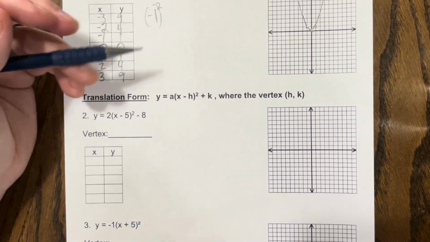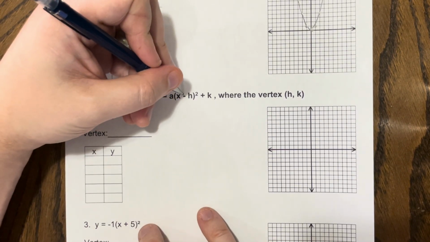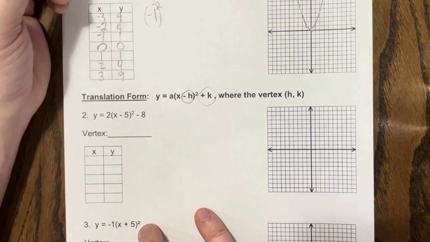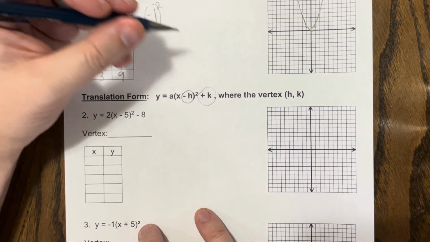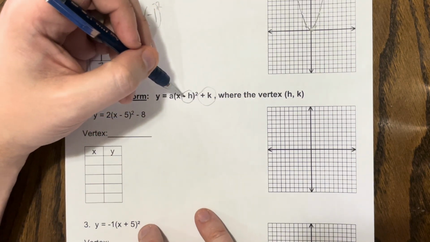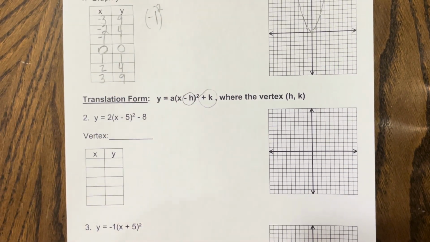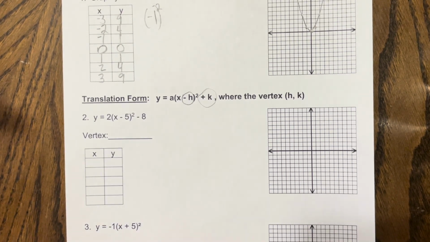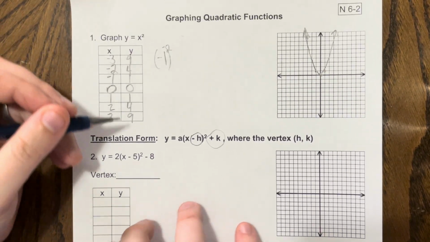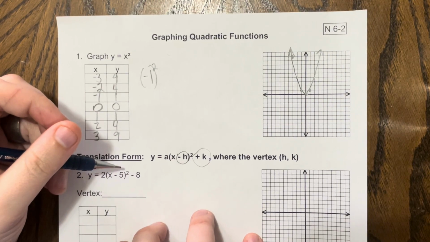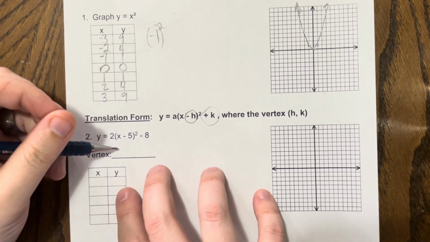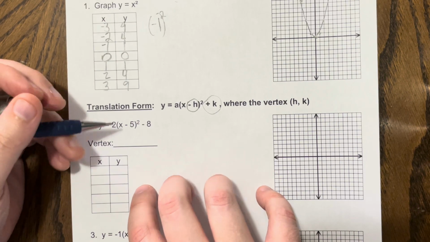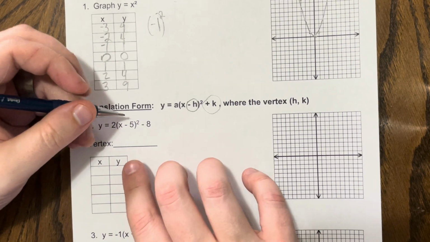So I want you to notice that if we take the opposite of whatever h is, and just whatever k is, that'll give us our vertex as the x value and the y value. And so you don't necessarily have to know that that's how this works out, but the benefit of it is, if I know where the vertex is, it makes finding my points a whole lot easier.